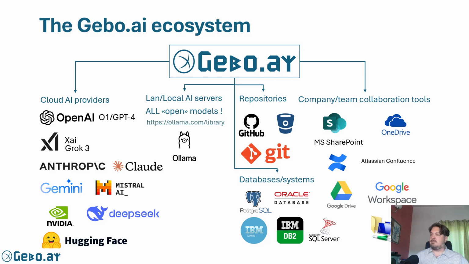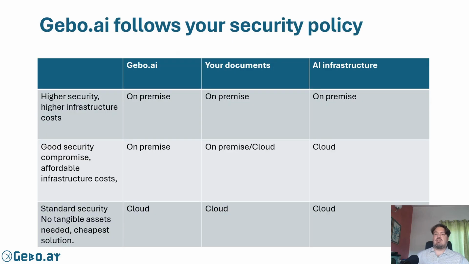automation workflows. What is interesting about Gebo.ai from the security point of view is that it can follow your security policy, because you can install it on premise. You can, in the near future, choose to use it in a cloud, and you can do a mixture of the kind of security treatment that you want.